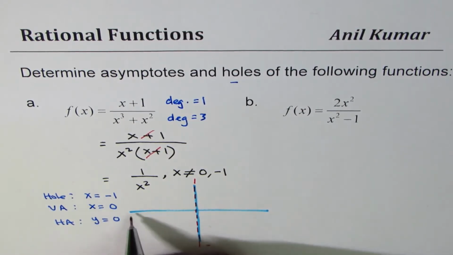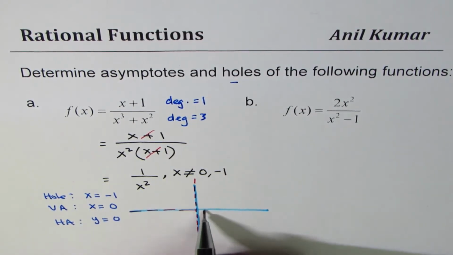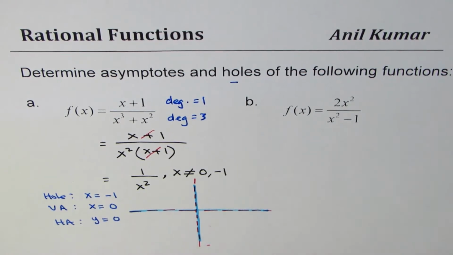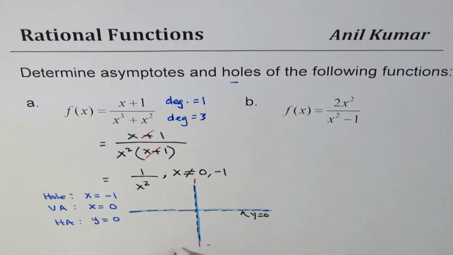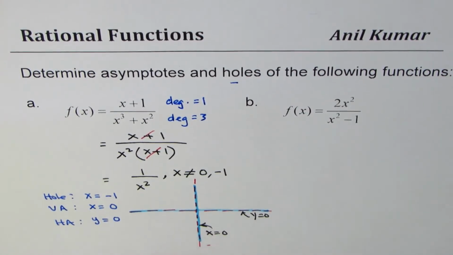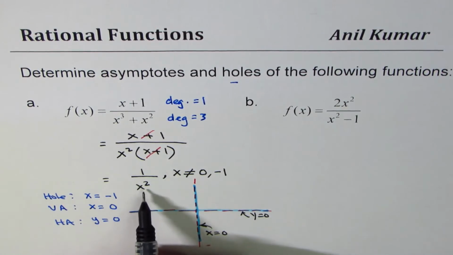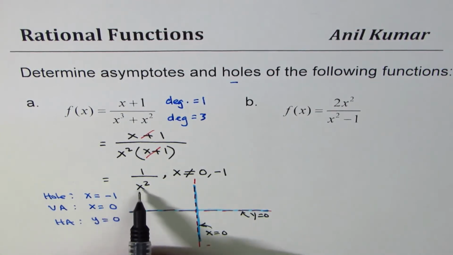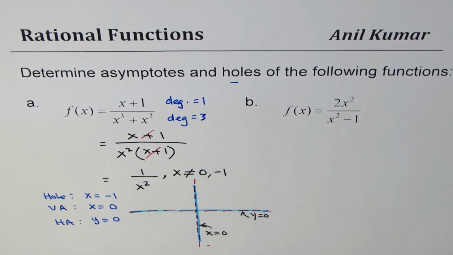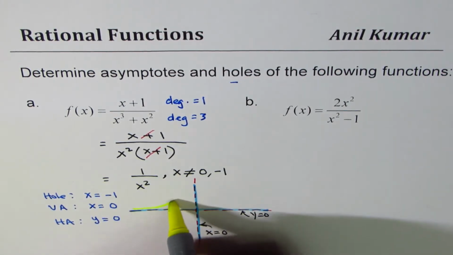Horizontal asymptote is y equals 0. This function is always non-negative, right? We have a hole at x equals minus 1. So if I put minus 1 here, then I get 1 positive instead, okay? So basically it's a function kind of like this.